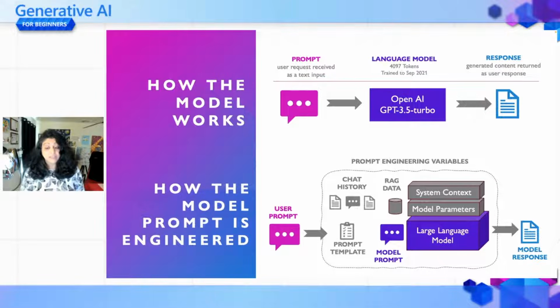So for instance, you could have prompt templates that the user's input is put into that provide additional context. You can look at the conversation history. You can do things like retrieval augmented generation and ground it in data. There are system contexts. There are model parameters. So with prompt engineering, we're really looking at how we adjust all these variables so that you get the best response you can for the prompt.